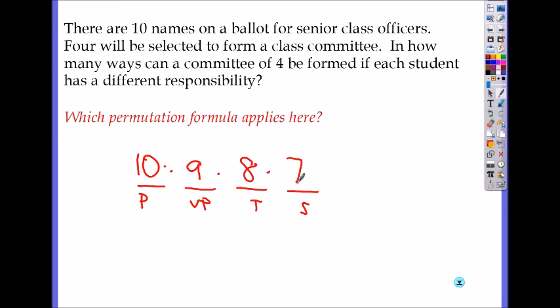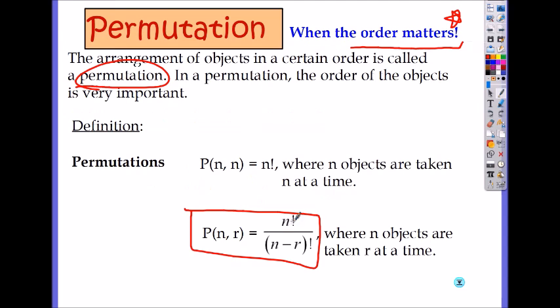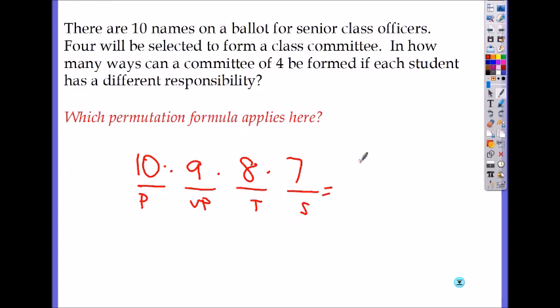This is permutation. So if you use this formula right here, 10 factorial divided by 10 minus, how many are we choosing? 4. So 6 factorial. Why? What is 10 factorial? Guys, do you remember? 10 factorial means it's the product of every number from 10 until it gets to 1.